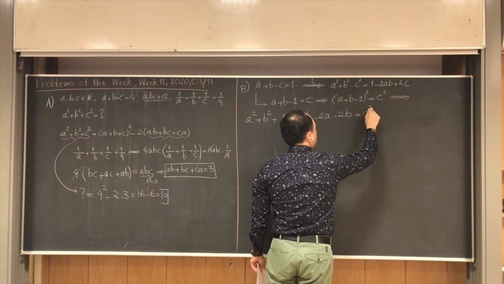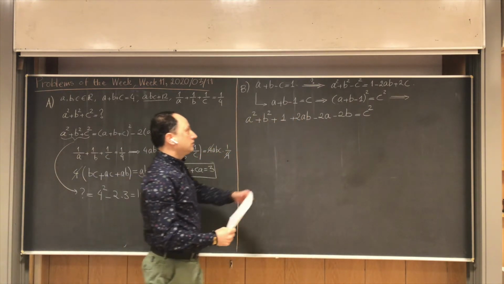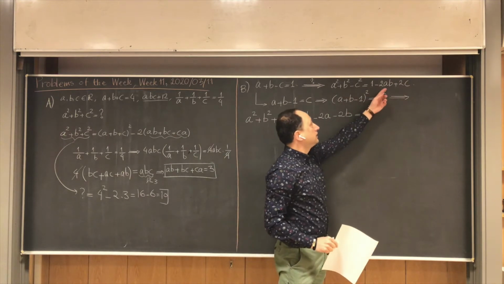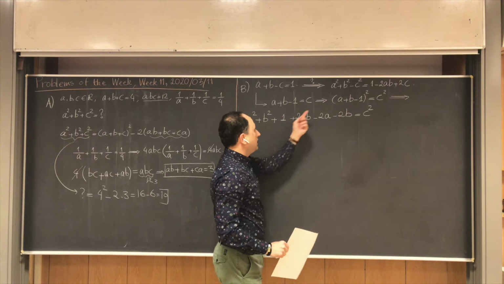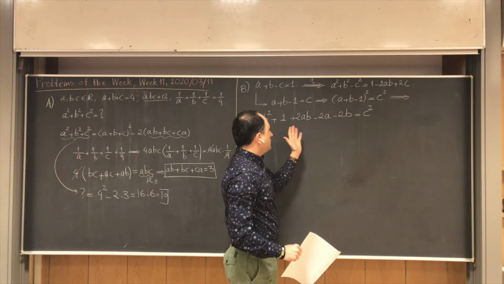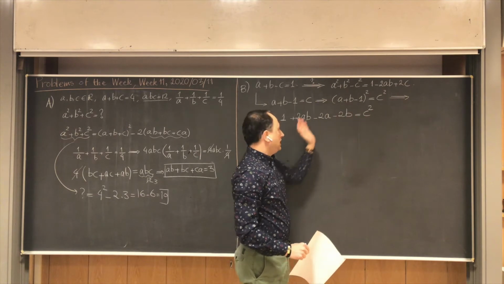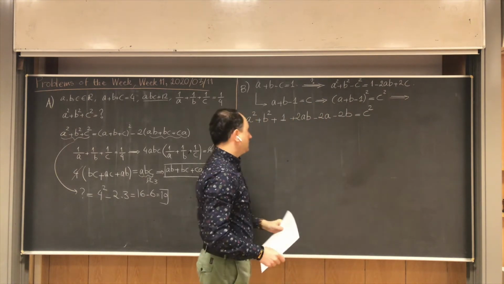And then I will have c squared here. My goal is to reach this one. You see that I have a squared plus b squared, and I have minus c squared on the left hand side. So it motivates me to move c squared to the left, and whatever is here, I move to the right. Let us see what happens.